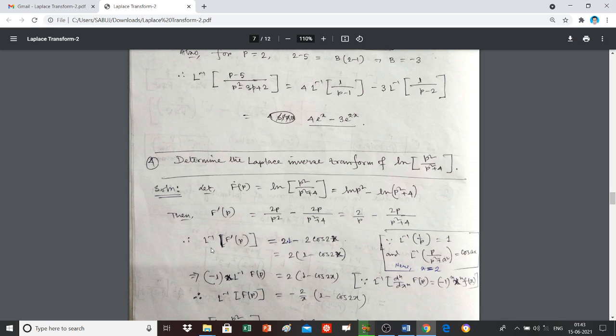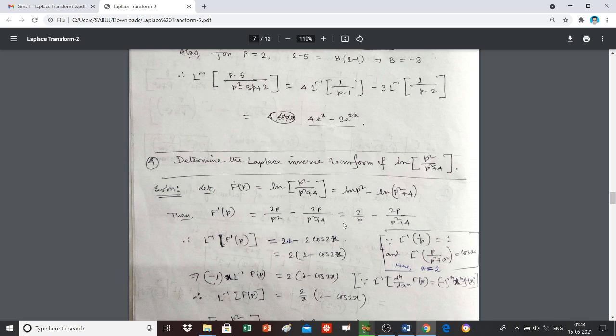So the Laplace inverse transform of F prime(p) is equal to the Laplace inverse transform of 2 by p, minus the Laplace inverse transform of 2p by p squared plus 4.